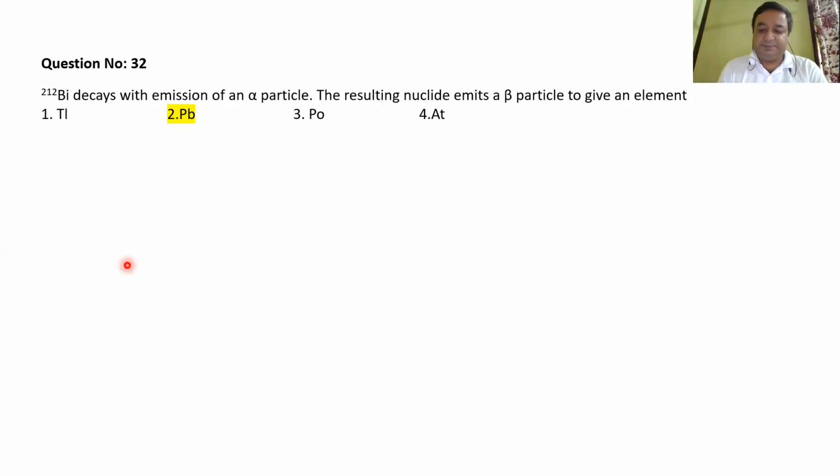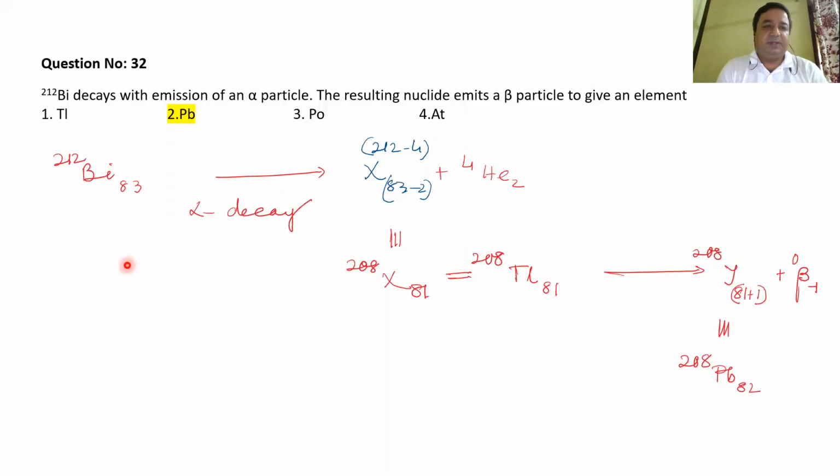Again for the solution, as we will see, I've written this is the mass number and this is the atomic number for Bi. So if it is undergoing an alpha particle emission, that means its mass number will be reduced by 4 units and its atomic number is going to be reduced by 2 units.